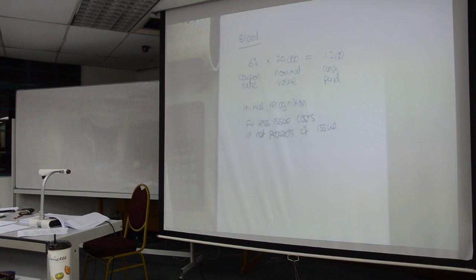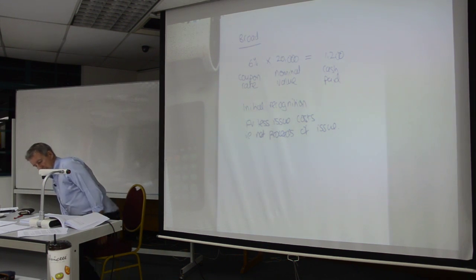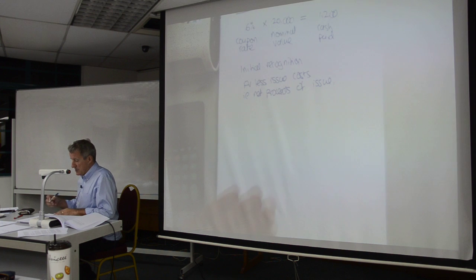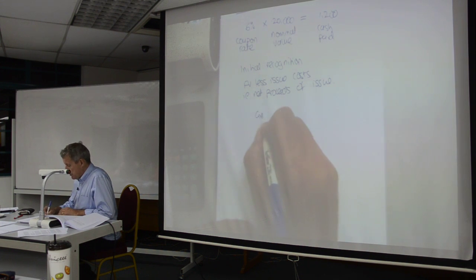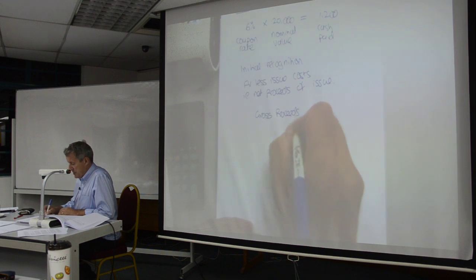But let me ask you the question again. What is my net proceeds of issue? 17. Because it's net of what? Issue costs. So the fair value less issue costs, in other words, the net proceeds of issue will be the gross proceeds, which is 90% of 20,000.